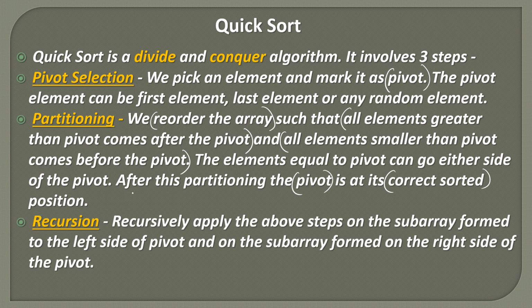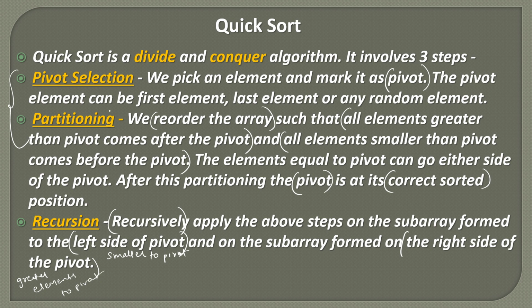So in this video we will be looking into the recursion part, where after partitioning the array, we perform these two steps, the pivot selection and partitioning, recursively on the subarray formed on the left side of the pivot, which has the smaller elements to pivot, and on the subarray formed on the right side of the pivot, which has the greater elements to pivot.